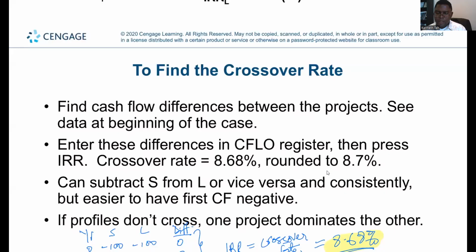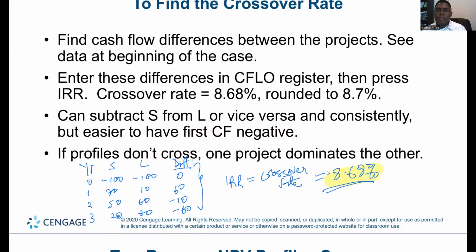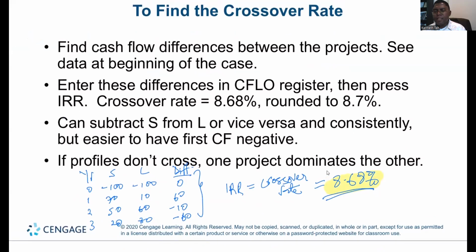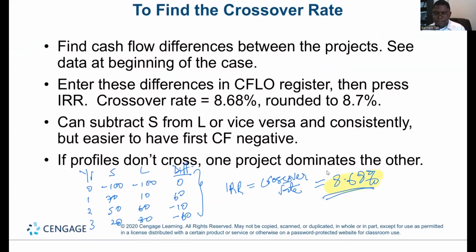All right, so that is internal rate of return. So we have seen how we make capital budgeting decisions based on the net present value technique, and then based on internal rate of return.